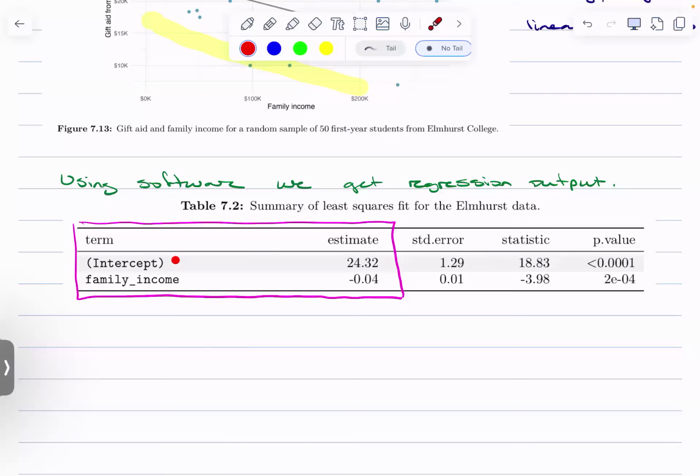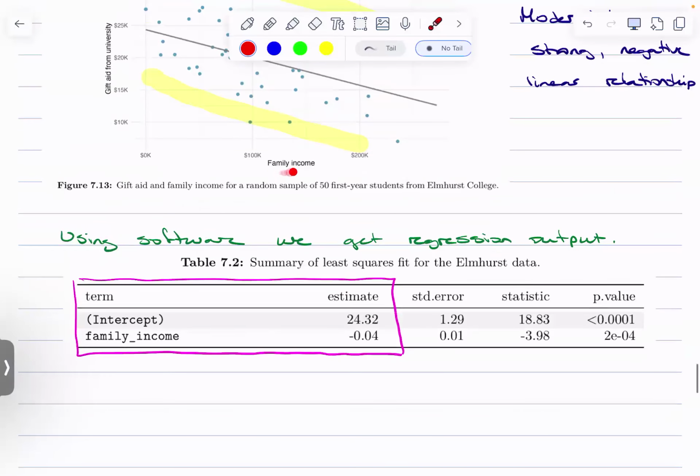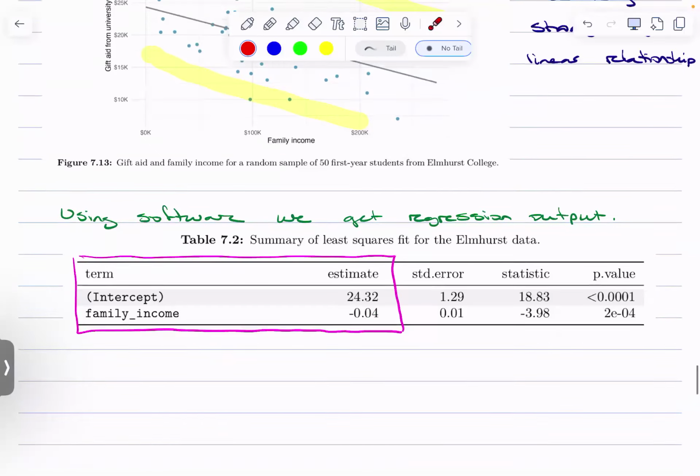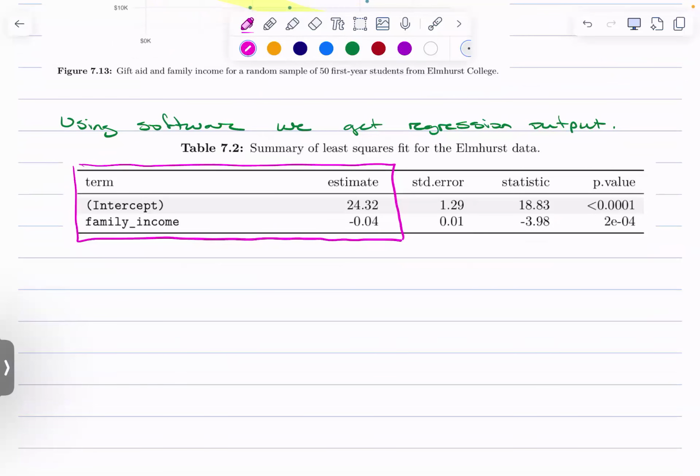What does it look like? So I have an intercept. Maybe my intercept is 24.32 for my line, right? And then I have the family income, which I also happen to know is on my x-axis. And so the multiplier of family income is my slope. In this case, my slope is negative 0.04. So this means that B0 is 24.32 and B1 is negative 0.04.